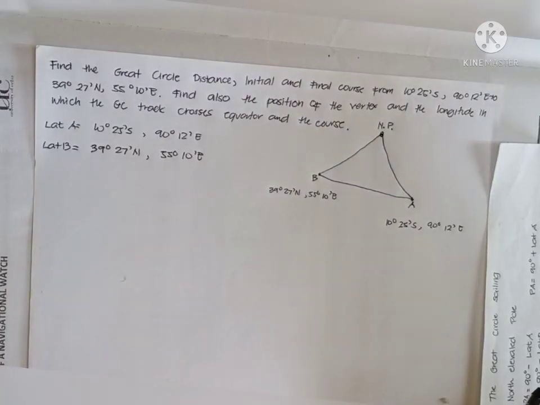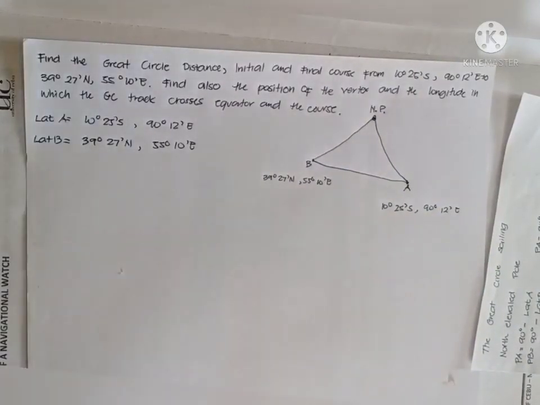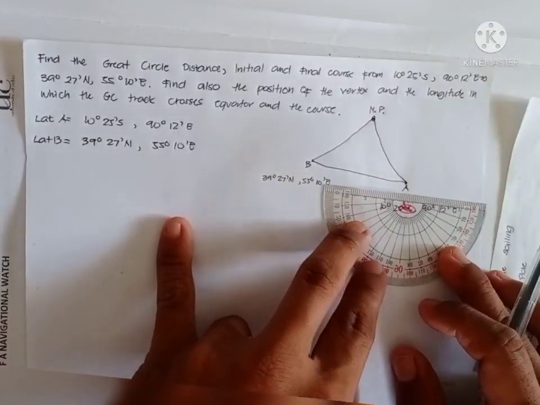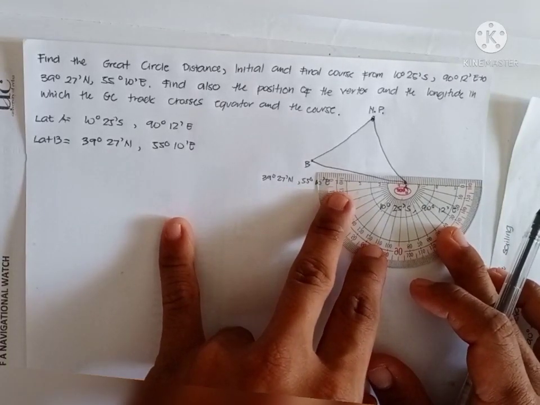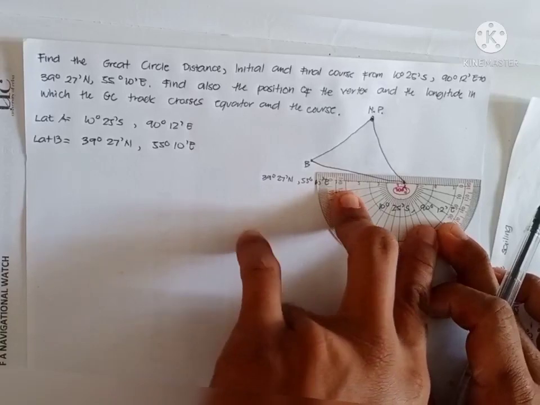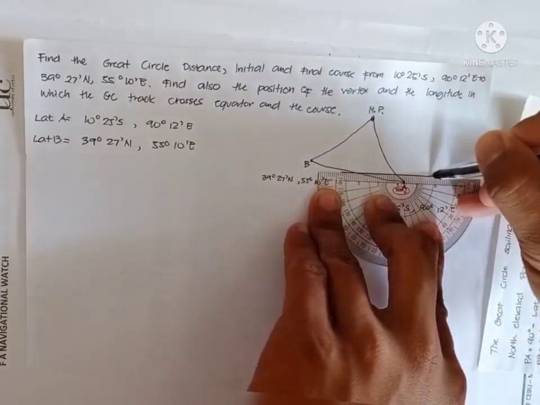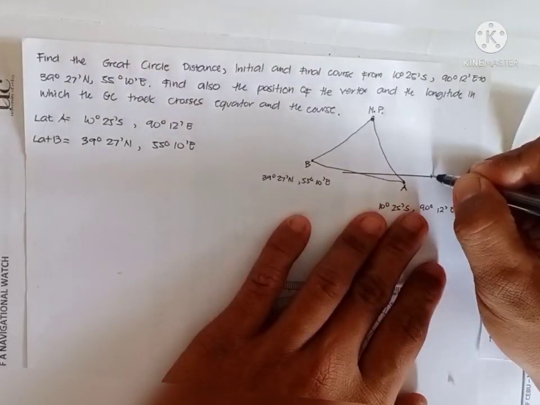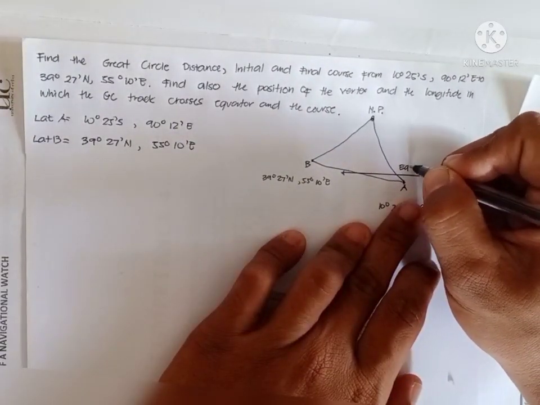So we will get our ruler. Our equator is located here. Then label it: equator.